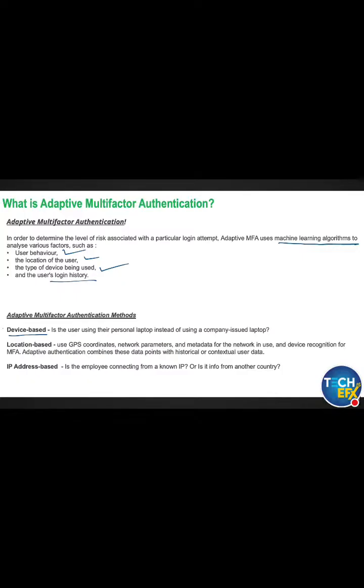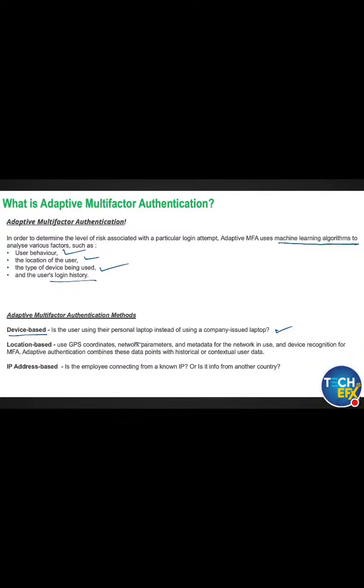One is device verification. Is the user using their personal laptop instead of a company-issued laptop? This checks if the user is using a trusted device. If you are using a personal laptop, it will prompt you that this device is not trusted if you are inside the office.